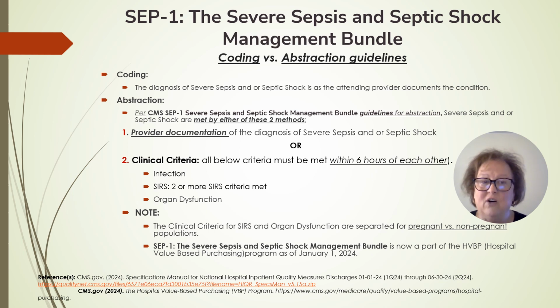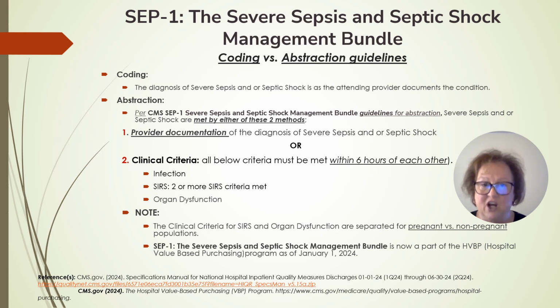And there's different bundles for sepsis, but the one that we report on that is used by CMS and will be incorporated into the hospital value-based purchasing program is the SEP1 Severe Sepsis and Septic Shock Management Bundle. Now, that is meant by either the diagnosis of severe sepsis or septic shock by the provider.